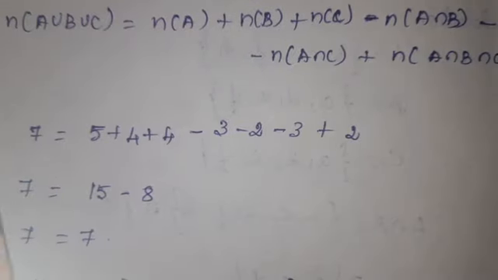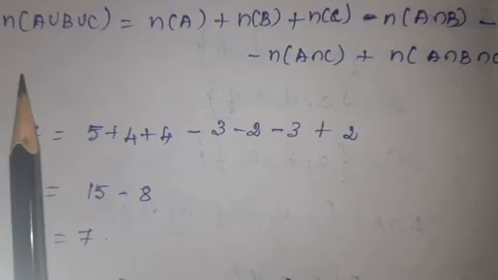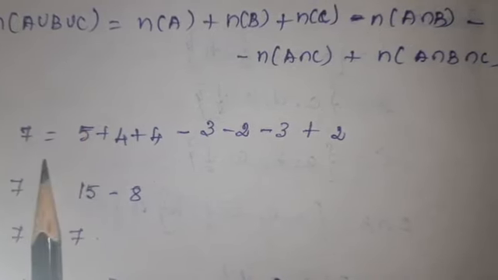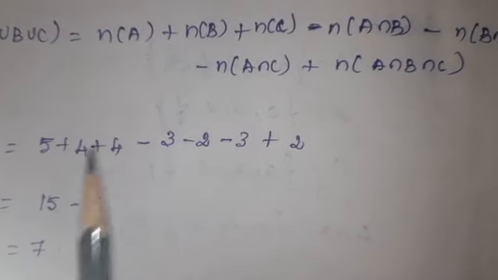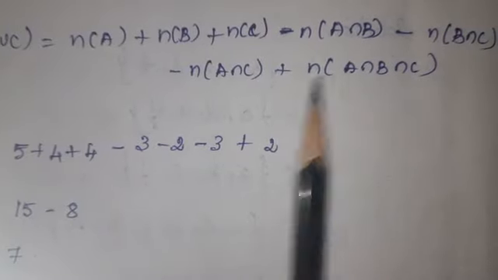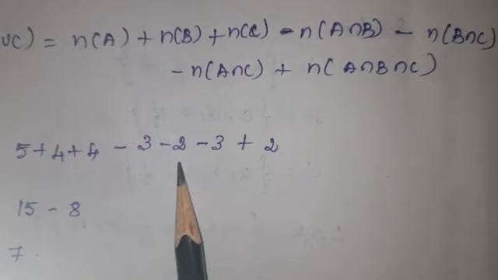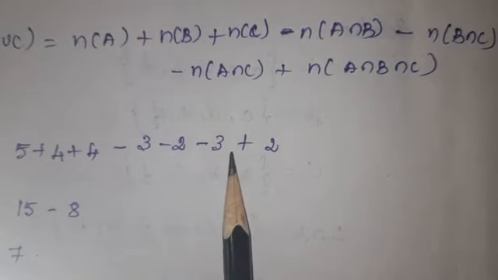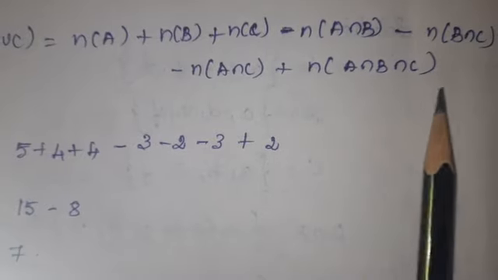We already wrote the number of elements present in each set. That you should substitute here. So N of A union B union C, 7, is equal to N of A, 5, plus N of B, 4, plus N of C, 4, minus N of A intersection B, 3, minus N of B intersection C, 2, minus N of A intersection C, 3, plus N of A intersection B intersection C, 2.